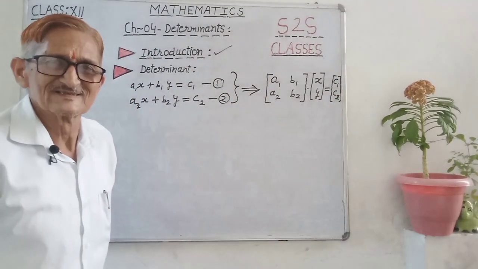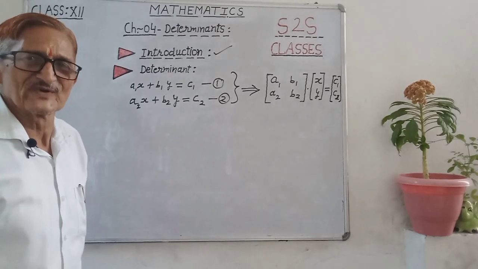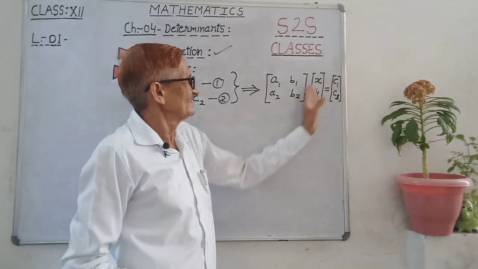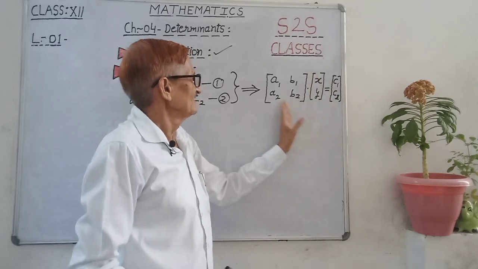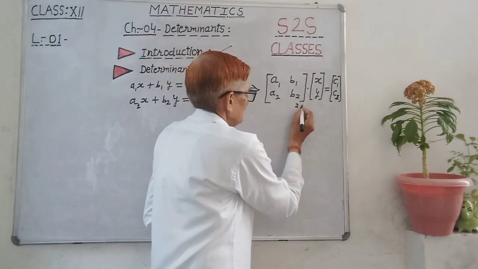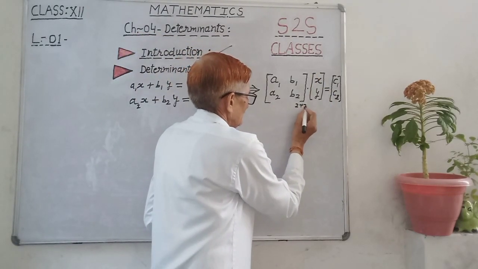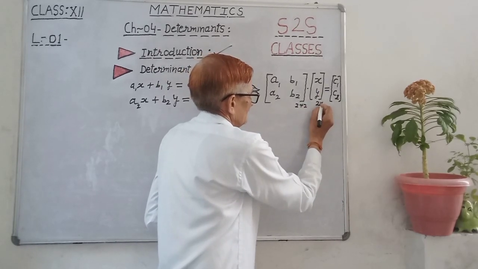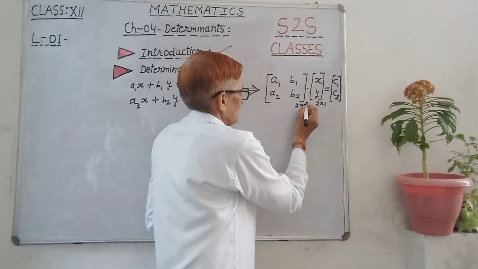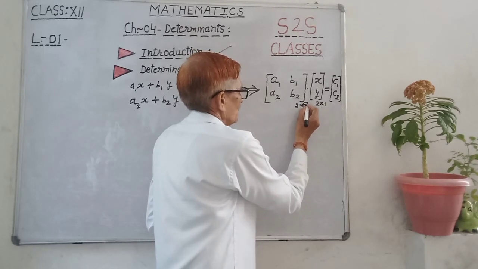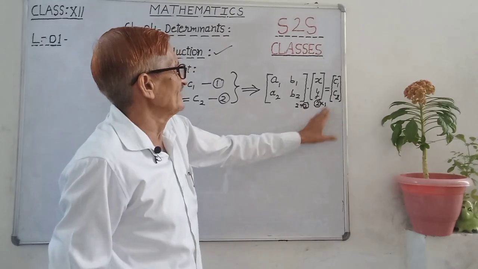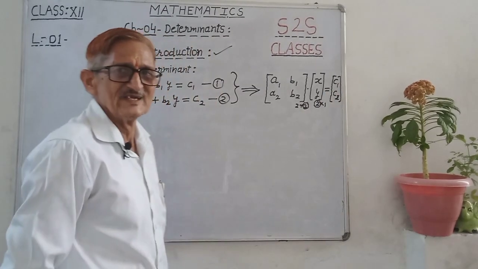See, the first is 2 by 2 and this one is 2 by 1, 2 rows and 1 column. So multiplying this column and the matrix, since the inner dimensions are equal, the result will be a 2 by 1 matrix.